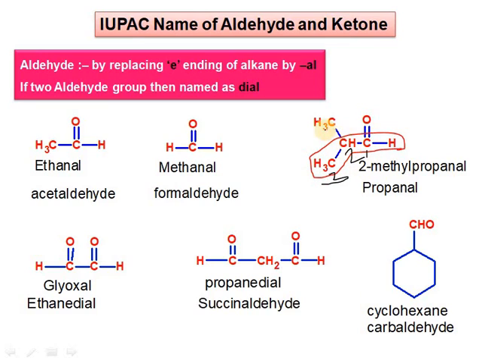The second position has a methyl group. So 2-methyl. The name of the substituent we write before the name of the parent alkane. So 2-methylpropanal. Why is it al? Because propane is the parent name, so the E is replaced by AL. So propanal.